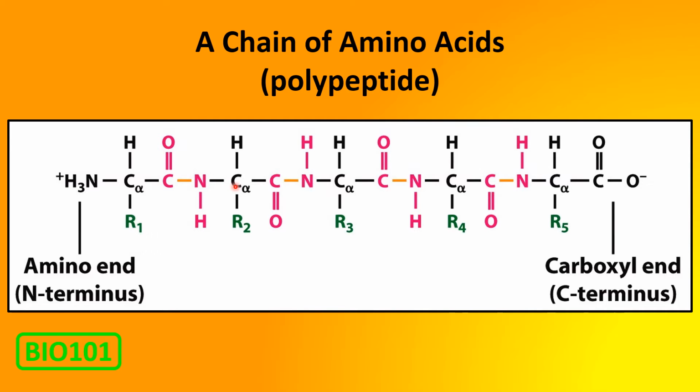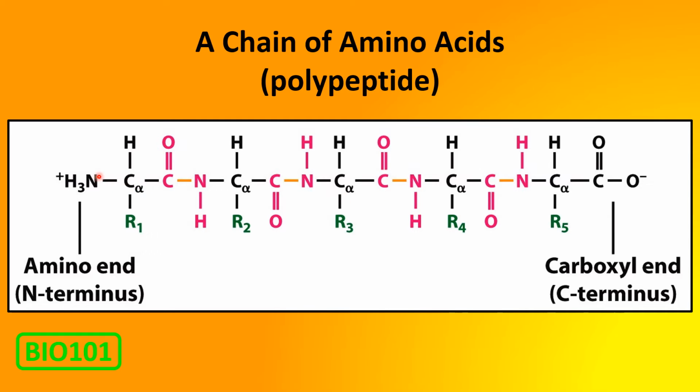So here's your carboxyl group on one end and your amino group on the other. Here's your carboxyl group on one end and the amino group on the other. We go down here, here's your carboxyl group on one end and the amino group on the other.